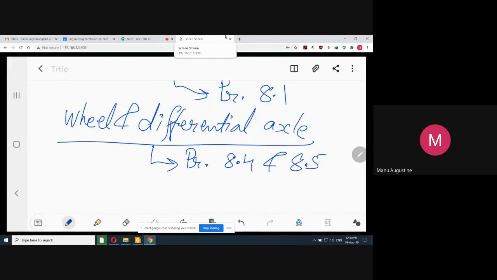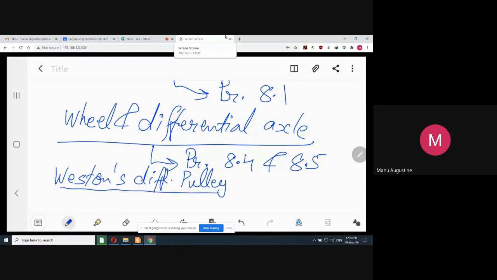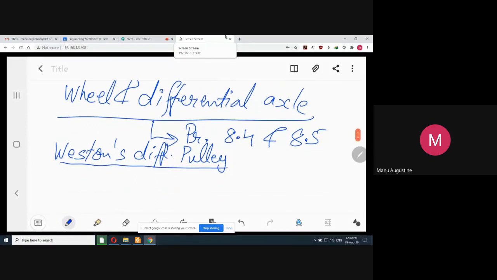Again, both are solved problems. And finally, for the one that we studied right now, Weston's differential pulley, please refer to problem number 8.6.